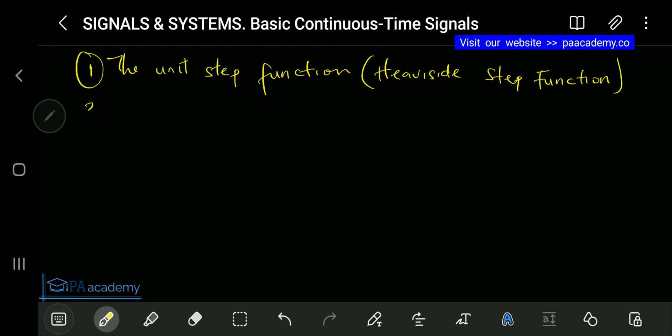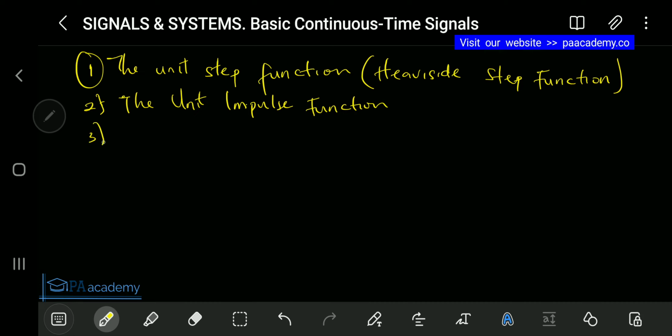Then we also have the unit impulse function. The unit impulse function, so that's the second one.